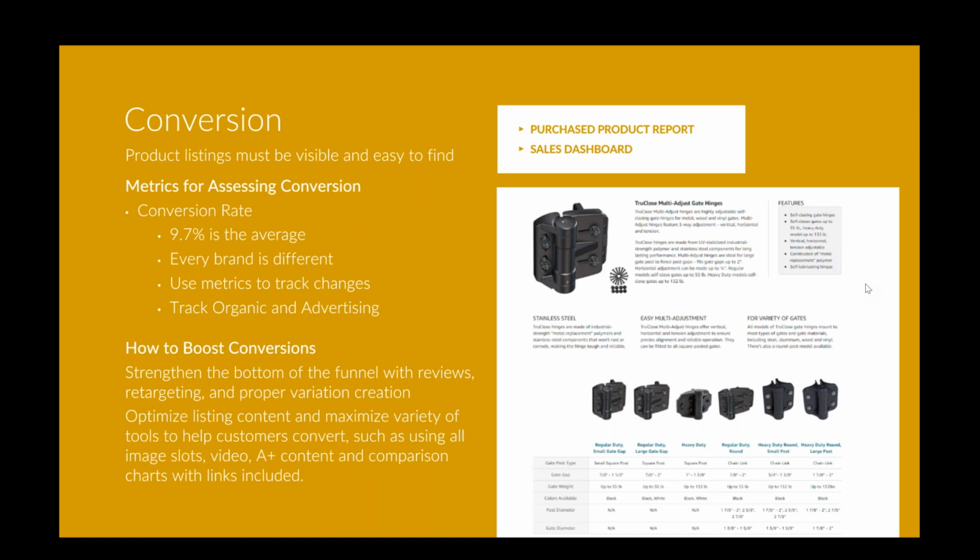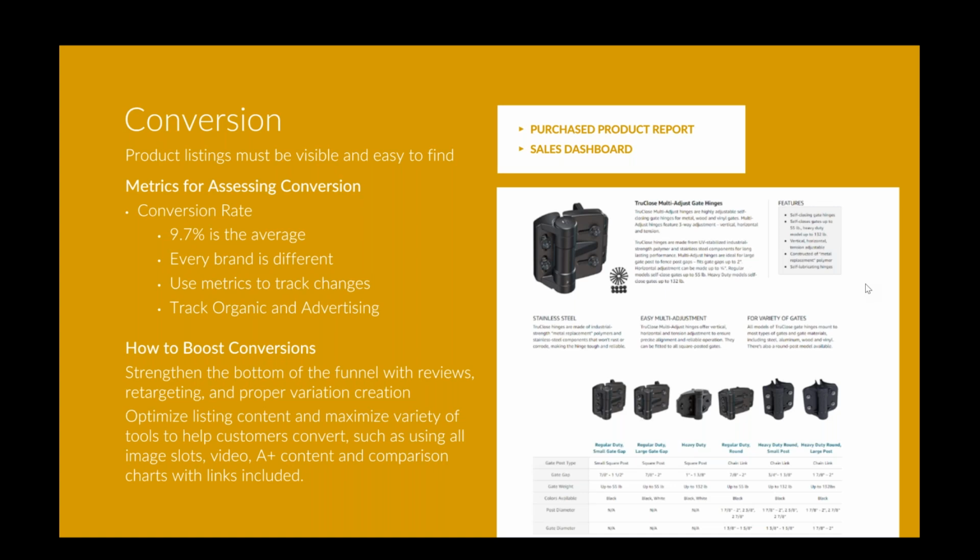And one other thing we added on here that I think sometimes gets overlooked is simply making sure your variations are set up properly and in a way that is easy for your customers to shop. So just checking to make sure that if you've got a multi-layer variation, it makes sense for a customer who's looking for a size or color for a product that you offer.